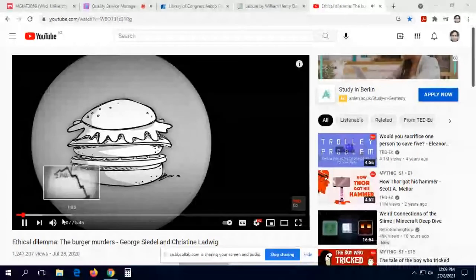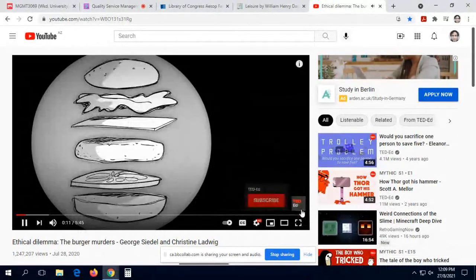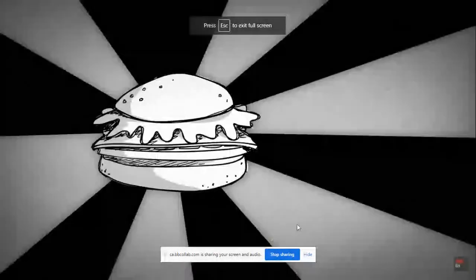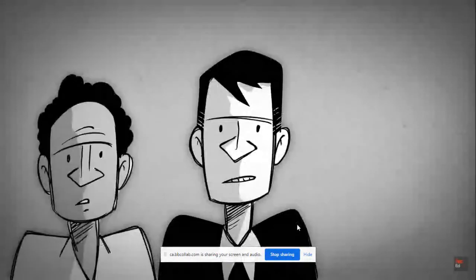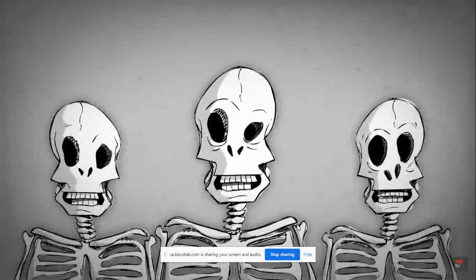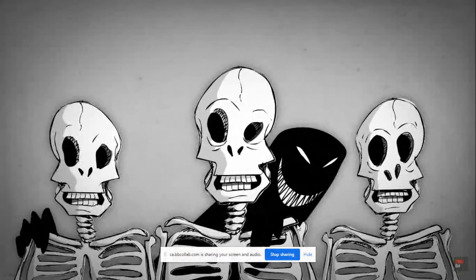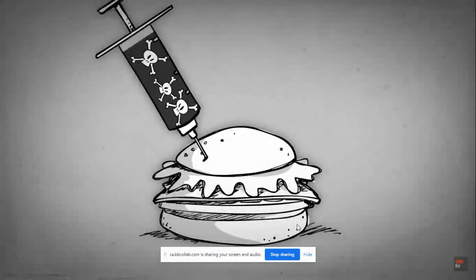A few years ago, you founded a company that manufactures meatless burgers. Your product is now sold in stores worldwide, but you've recently received awful news. 3 unrelated people in one city died after eating your burgers. The police concluded that a criminal targeted your brand, injecting poison into your product in at least 2 grocery stores.